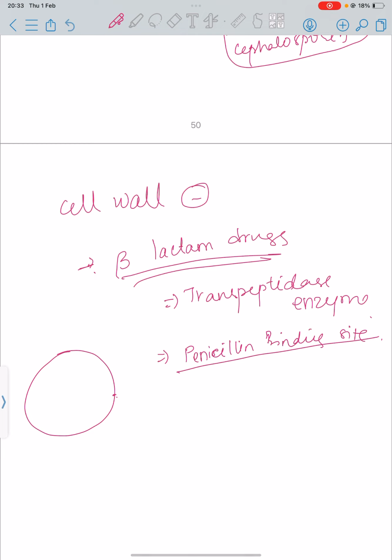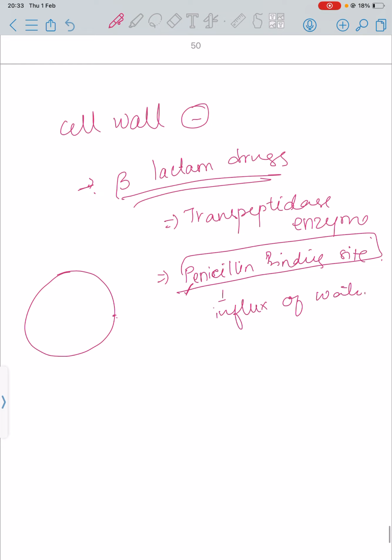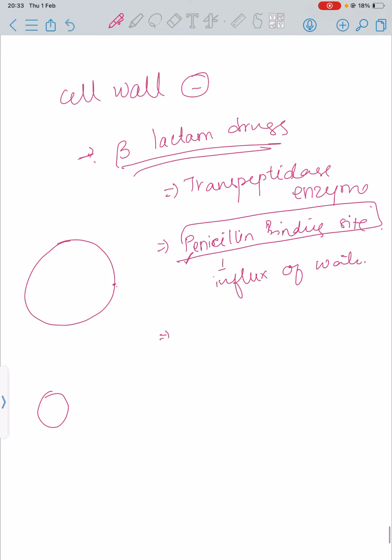When these beta lactam drugs bind to penicillin binding site, they alter the symmetry, they alter the membrane structure and cause influx of water or fluid and cause lysis of the bacteria. Also, normally during cell multiplication, bacteria release autolysins.